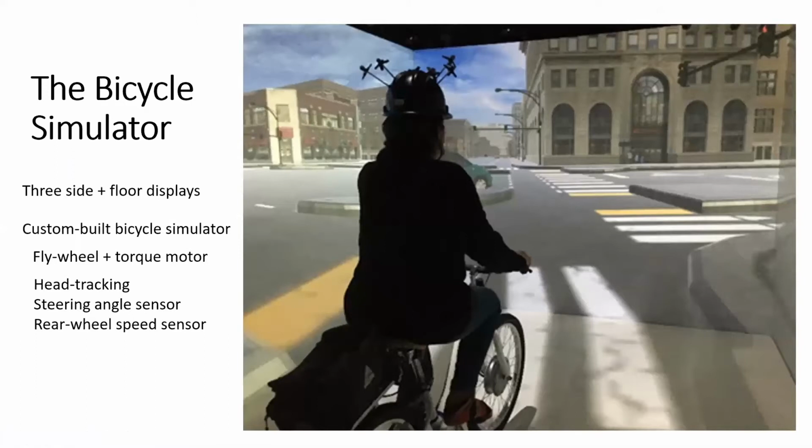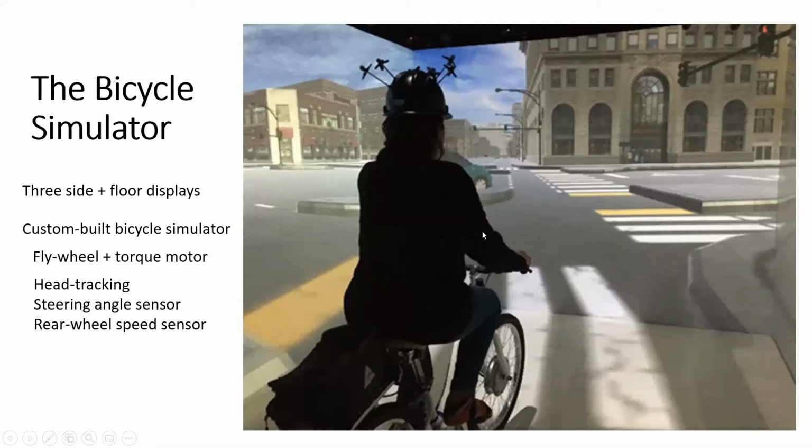We have the bicycling simulator in the Hank Virtual Environments Laboratory. It is a three-sided cave, and there are rear projectors which project images onto the cave, and a front projector that projects onto the floor, as we see in the image here.